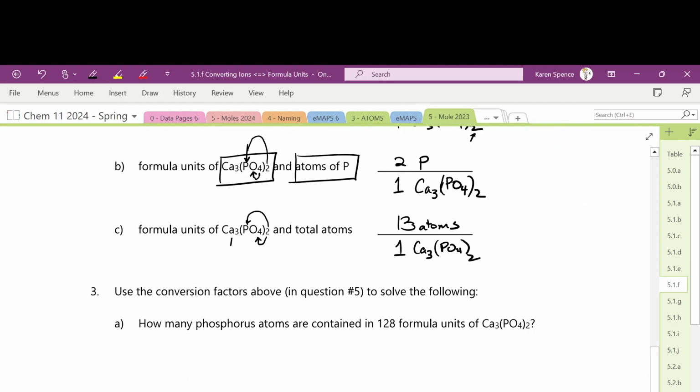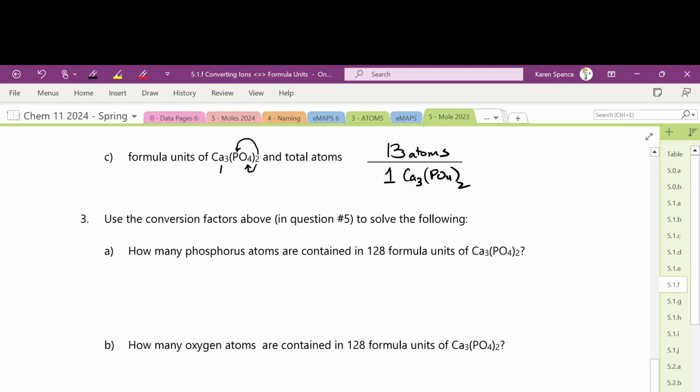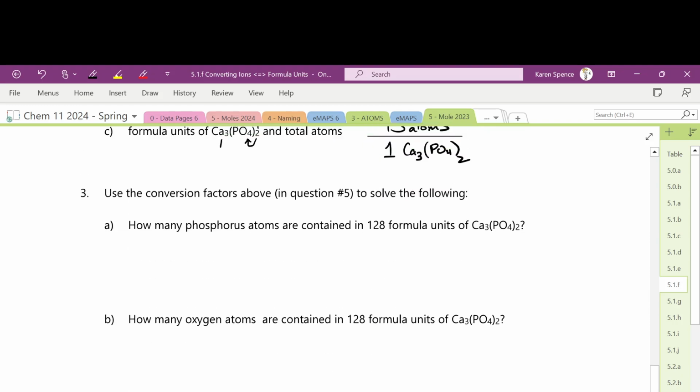And we might as well solve 1 or 2 of these. Do you guys think you could solve A and B before the class is over? Try and solve A and B before the class is over. And if you're really good, you might try C and D as well.